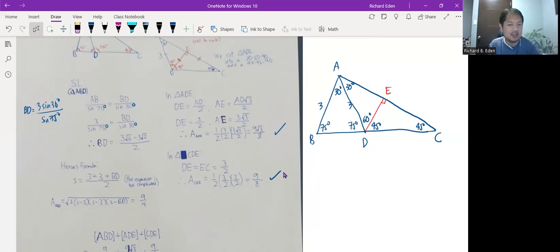I just found out it came out 9/4, but 9 fourths is 2.25. Who knows, maybe you actually ended up with 2.2499999.